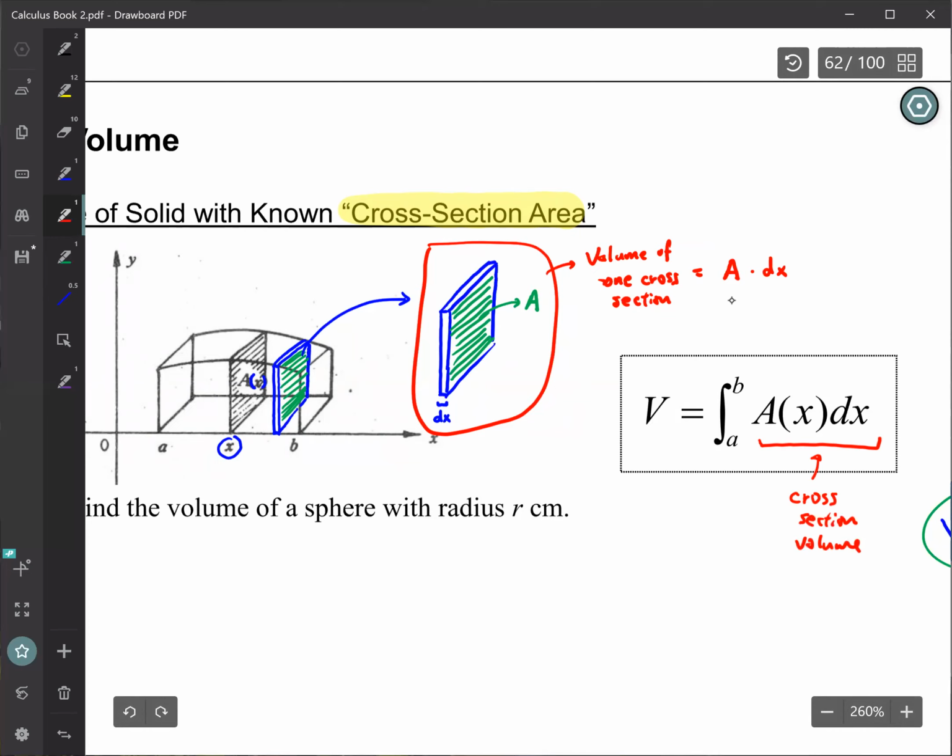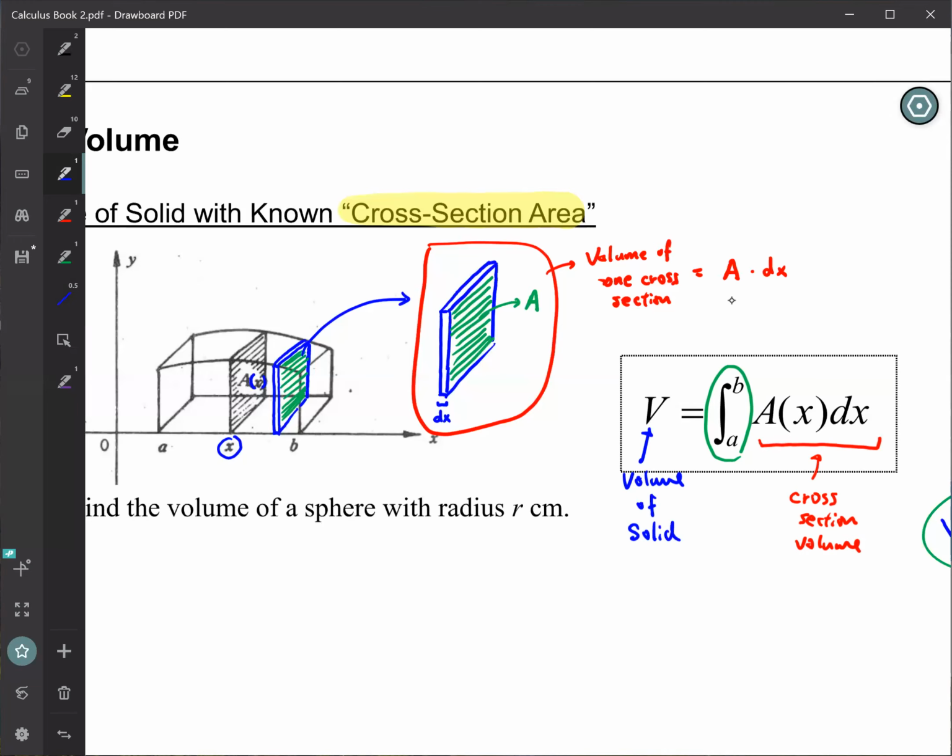Okay, and then the integral sign is just saying that I want to add up all the cross sections from A to B. Then you will have the volume of the solid. Solid means the whole thing.